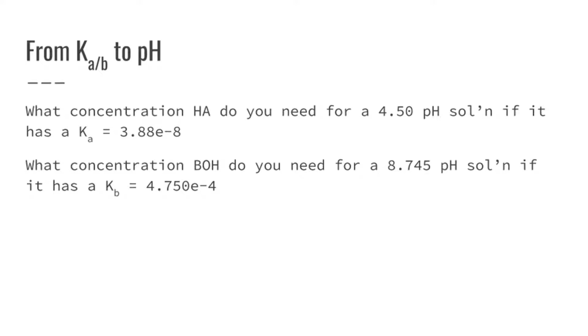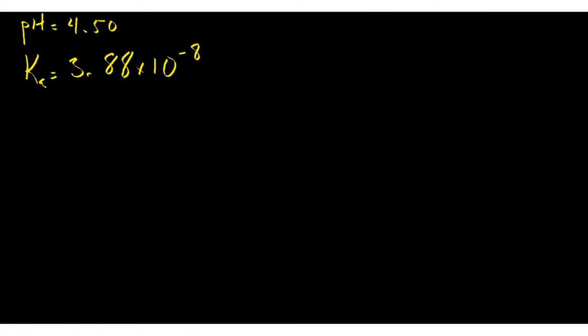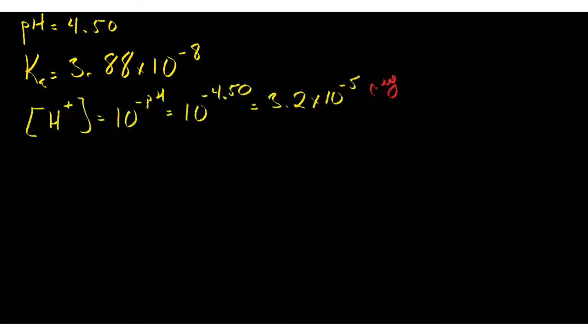So we hop over to our workspace. The first thing we need to figure out is the equilibrium concentration of H+. Straightforward enough. H+ is 10 to the negative pH.